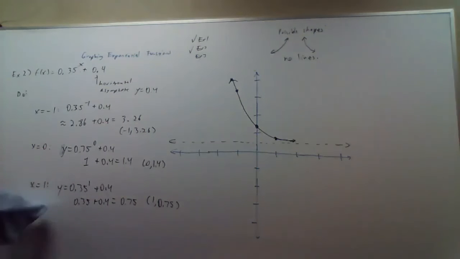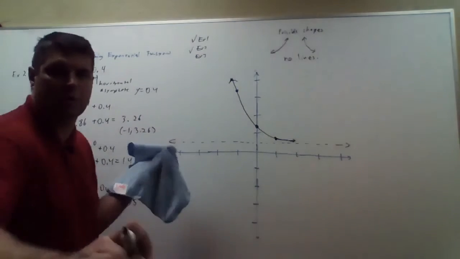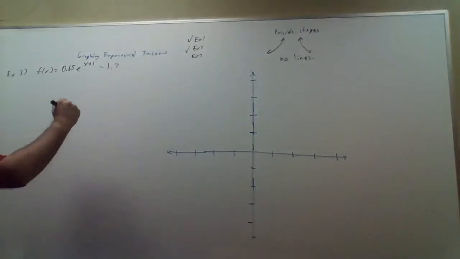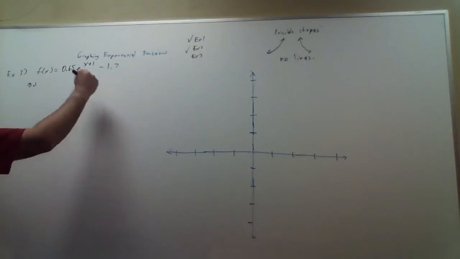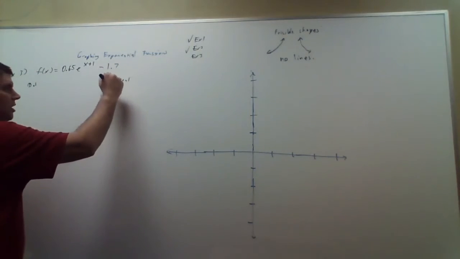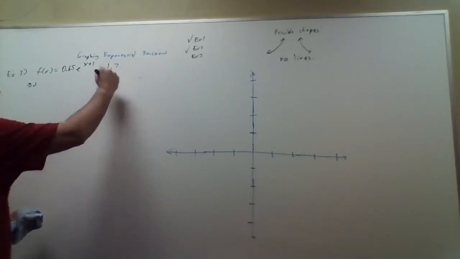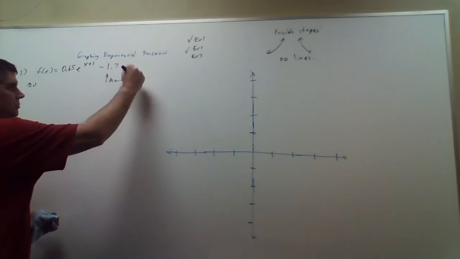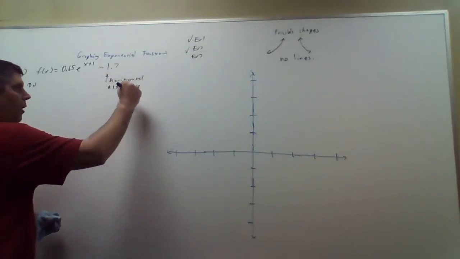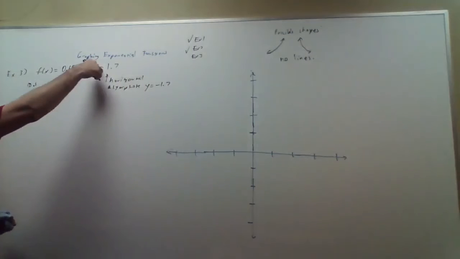All right, the third example. Here's the third one. First of all, there will be a horizontal asymptote at y equals negative 1.7.